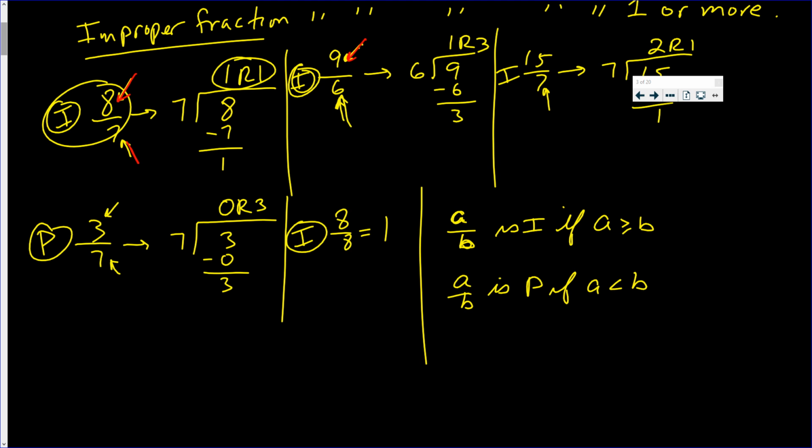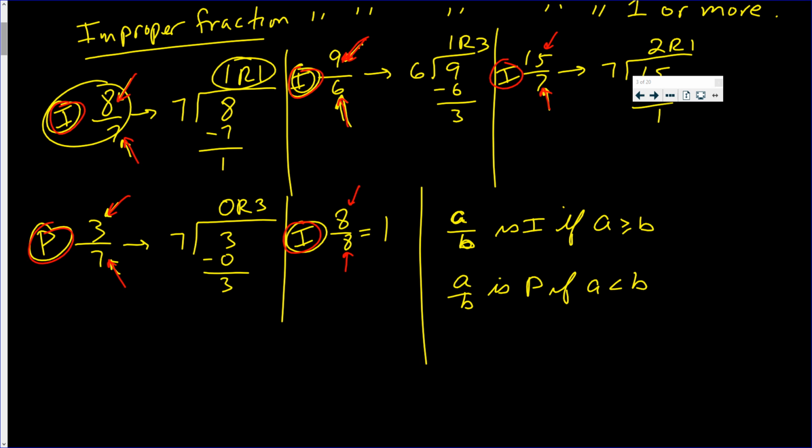The top number is bigger than the bottom number, improper. The top number is bigger than the bottom number, improper. The top number is bigger than the bottom number, improper. The top number is not bigger than the bottom number, but it's equal, improper. The top number is smaller than the bottom number, proper.